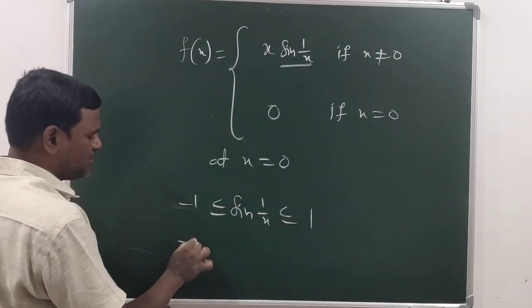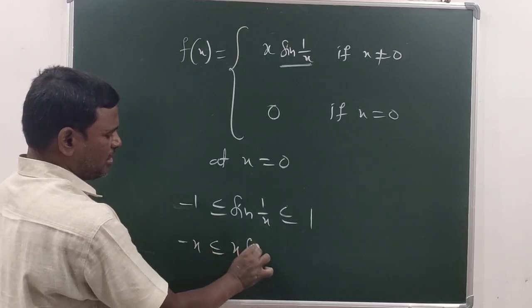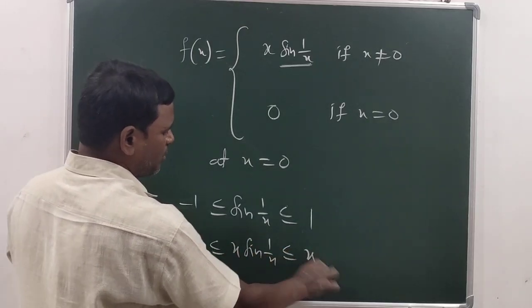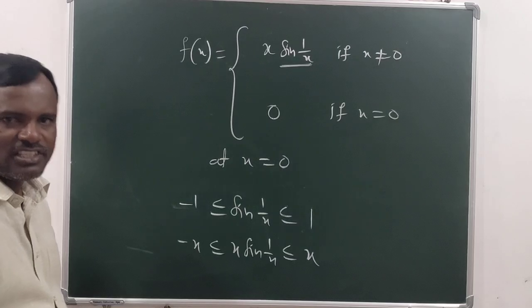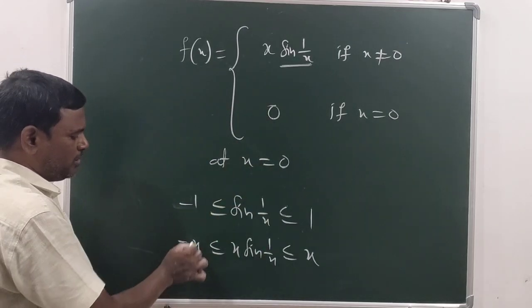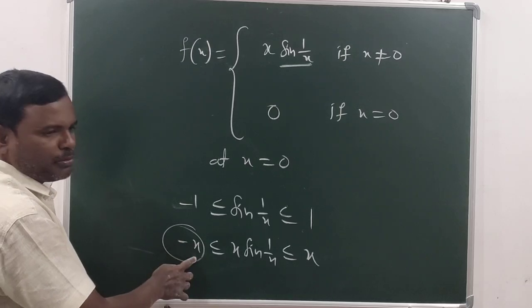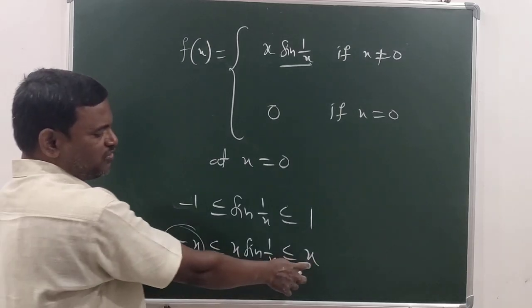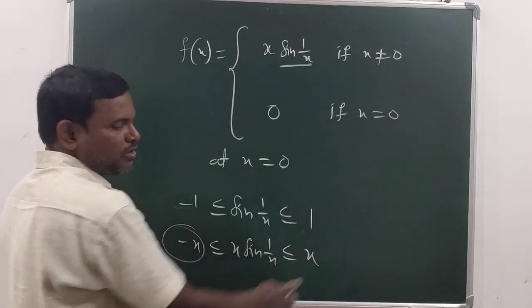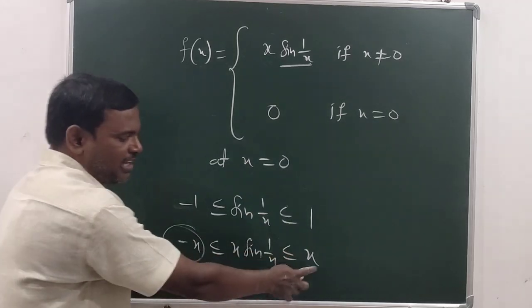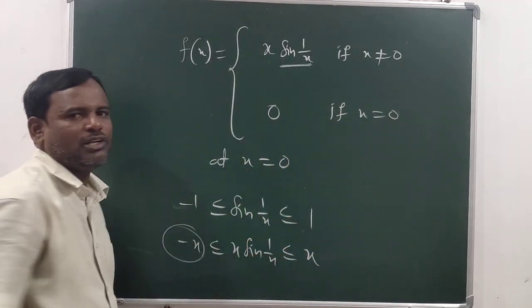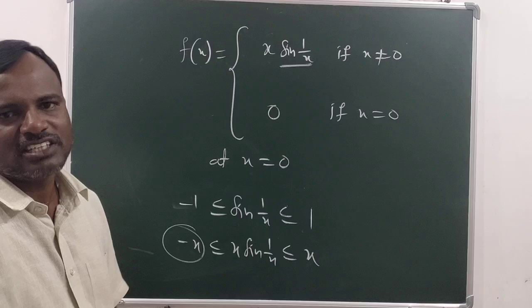Multiply these with x: the modulus of x sin 1 by x is less than or equal to the modulus of x. Now, is this continuous at x equal to 0? For left hand limit, take this and put 0, it is going to be 0. For right hand limit, take this function, put 0. So left hand limit attains 0, right hand limit attains 0, value of the function is 0. So all three are equal and it is continuous.